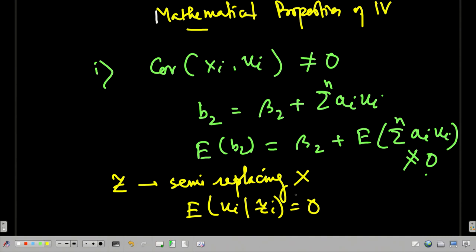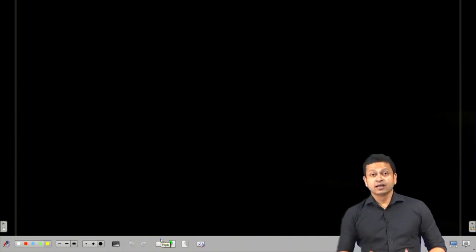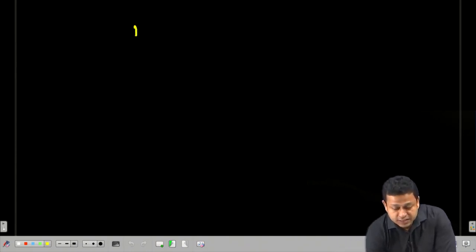I will show you why, but before that, let me show you how we can express mathematically the IV coefficient, the instrumental variable coefficient.